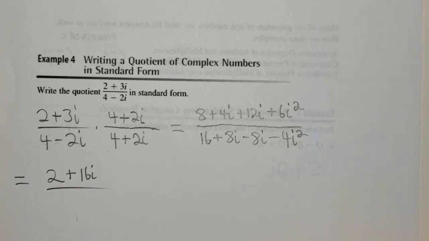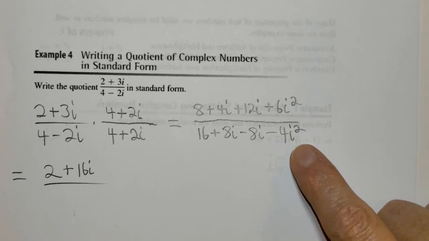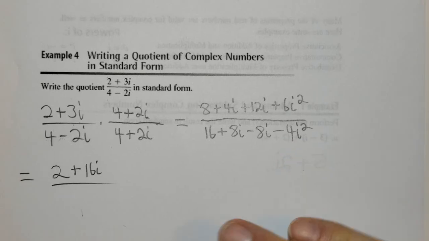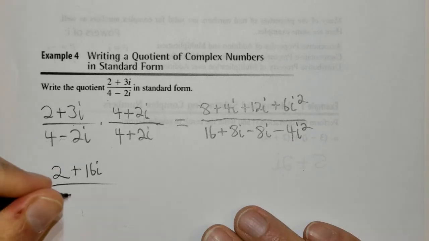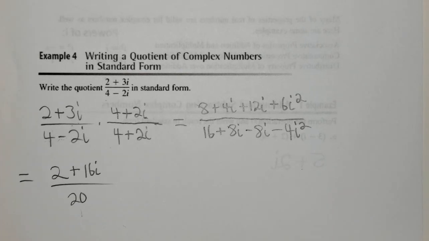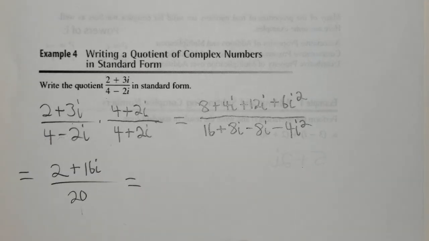Okay. Now at the bottom of this thing, let's go ahead and take a look at the i squared. i squared is negative 1, right? So negative 4 times negative 1 is positive 4, and 16 plus 4, I'll go ahead and make that 20. And 8i minus 8i is gone, so I'm just left with this to simplify.